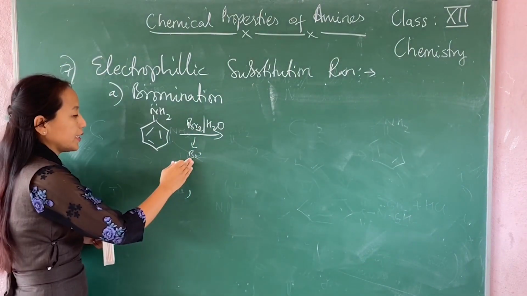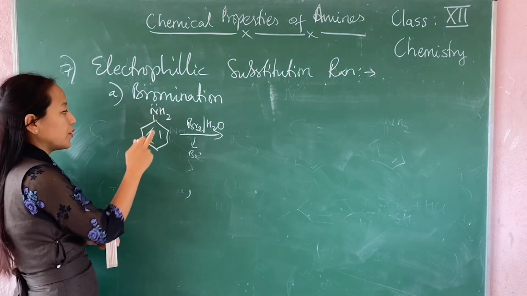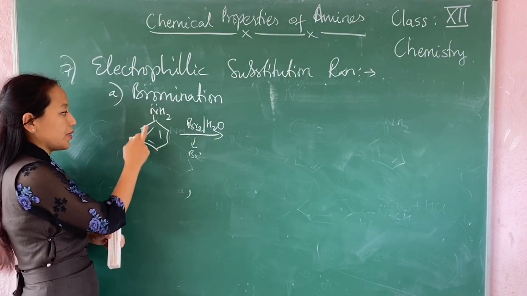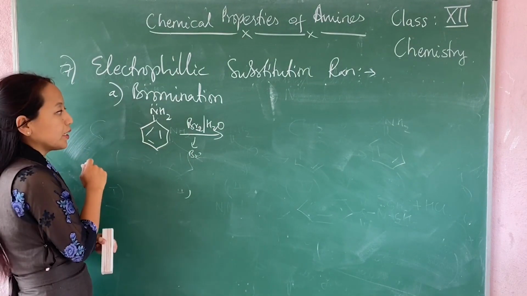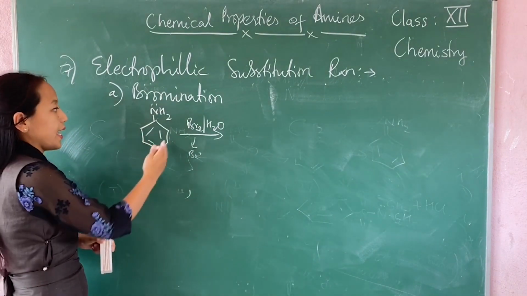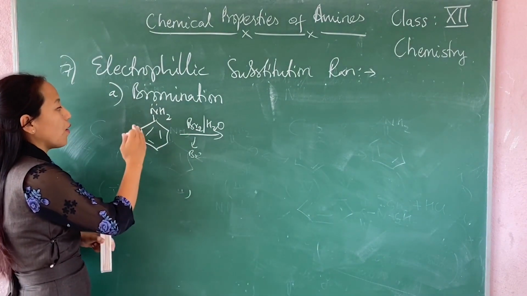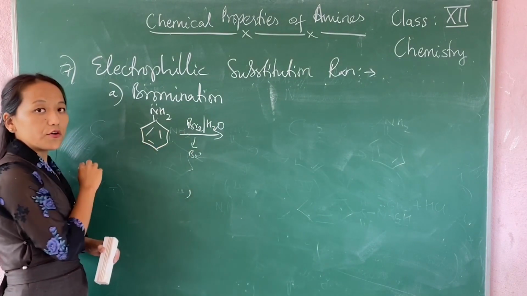Now this Br can attack either the fourth carbon atom or the second carbon atom, but when you treat it with bromine water, the ring is activated in such a way that bromine will come and attack all the second and the fourth positions.